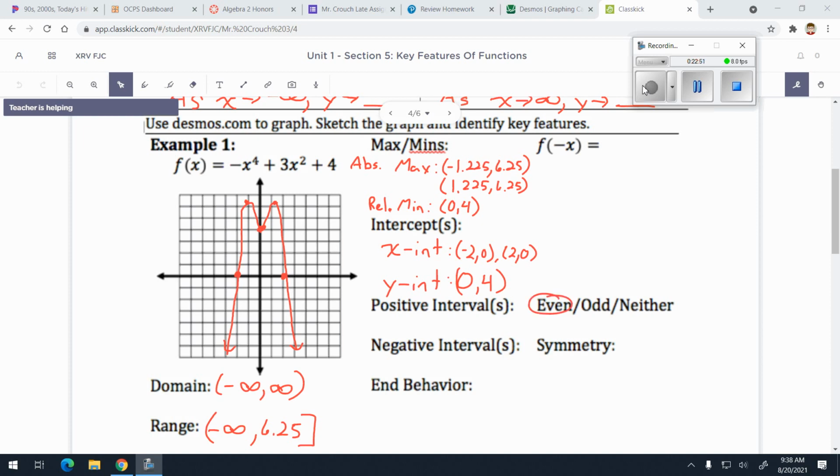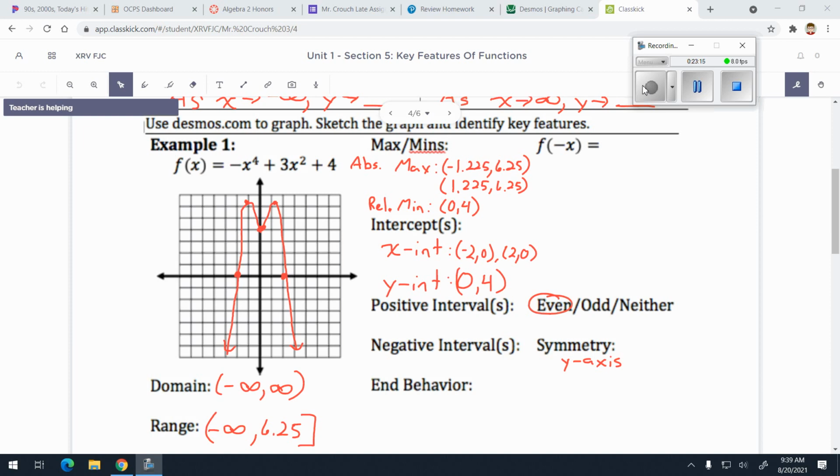I can look at it from the graph and see that it's clearly reflecting over the y-axis. So my symmetry is clearly the y-axis. Okay? We see that. But if I also look at the equation and look at my little trick that I showed you, where are all the exponents?